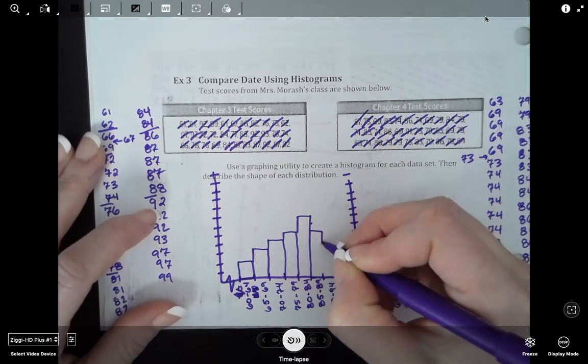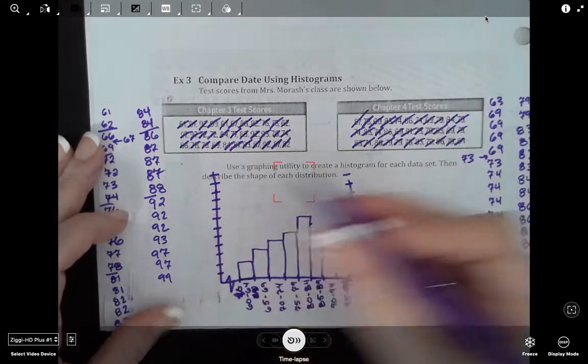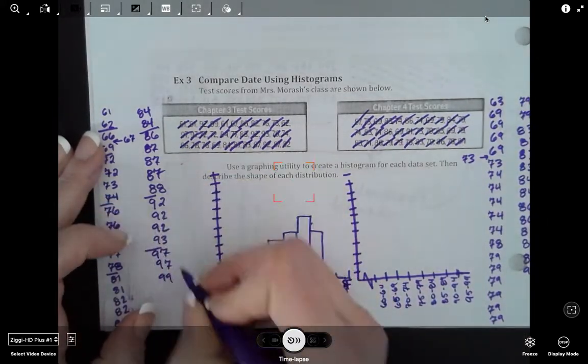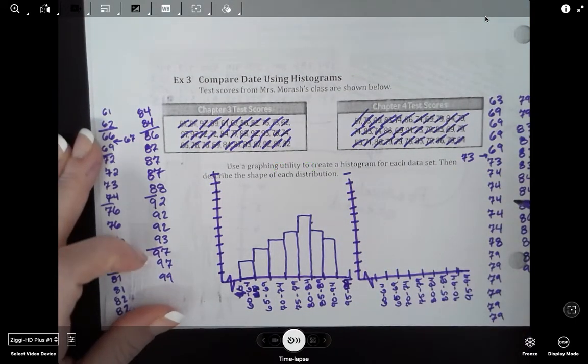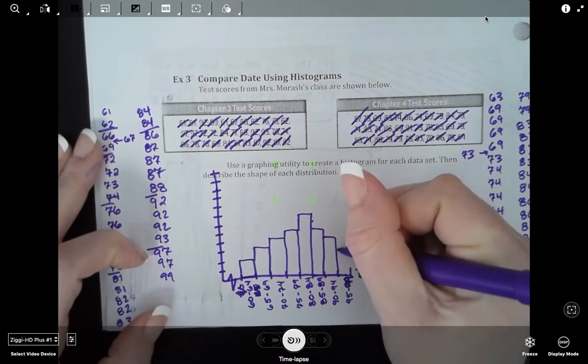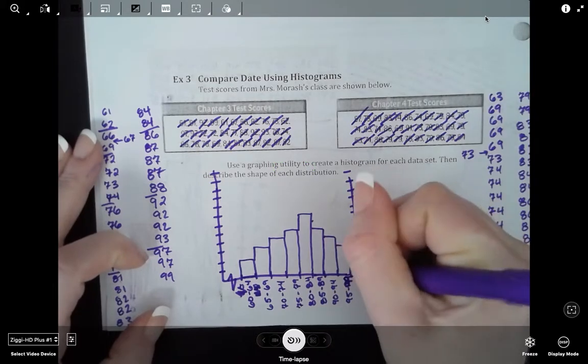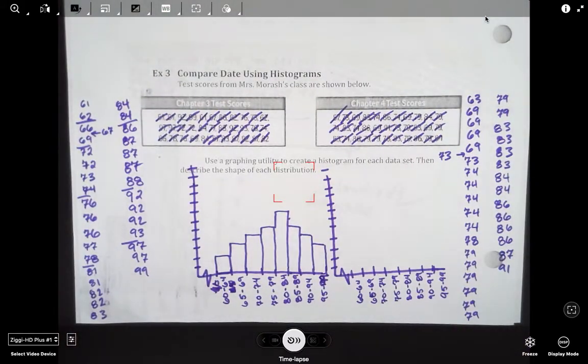Yes, 5 numbers. Okay. 90 to 94 is 4 numbers. Oh man. And 95 to 99 is 3 numbers. Okay. All right, if you had to guess, what type of distribution would that be?